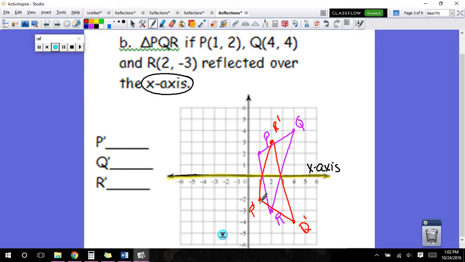You must have both of your triangles labeled. Here's B. Any questions on those?